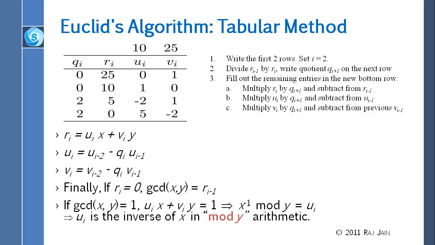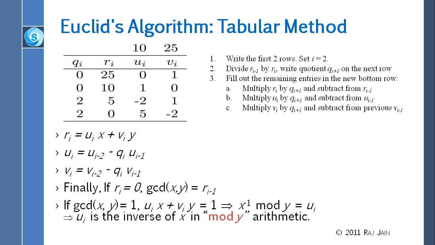So what this means is that if you were working in mod y arithmetic, then ui would be the inverse of x, because only when you multiply a number with its inverse you get a 1. Right? In the mod y arithmetic, this is all 0 anyway, because any multiple of y is 0.